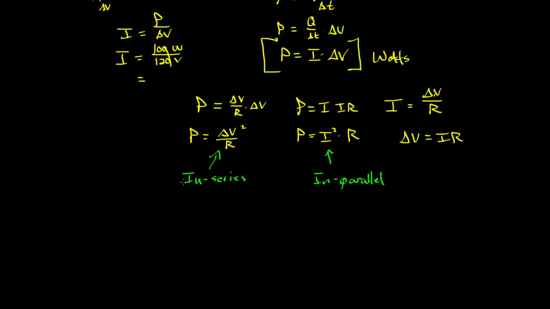No, I got them backwards. This is parallel. This is in series. It felt wrong when I said it. Because in parallel reduces the resistance, we get that over R. In series, it increases the resistance, so we multiply by R. But either one of these is our general Joule's law.